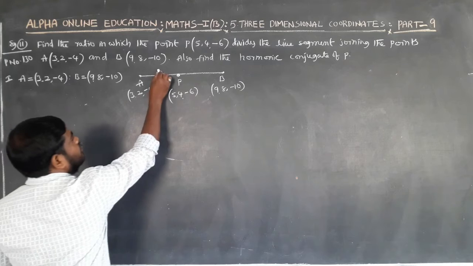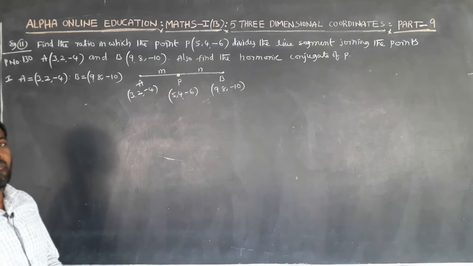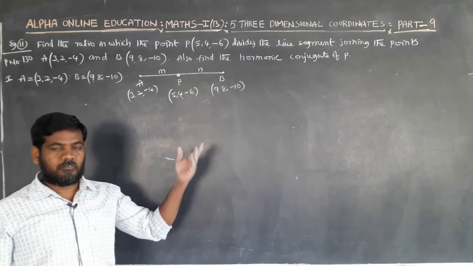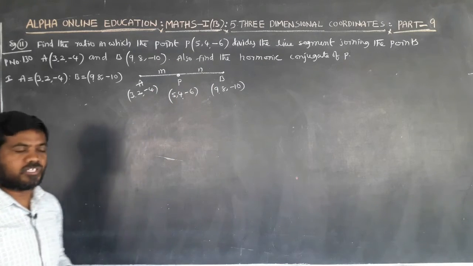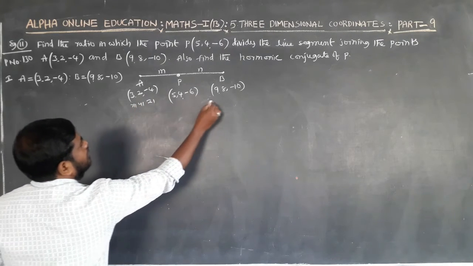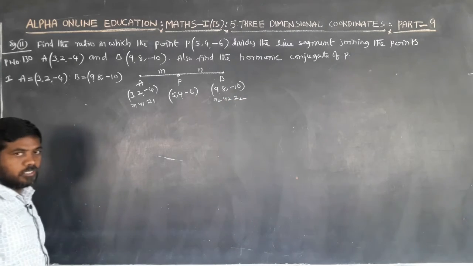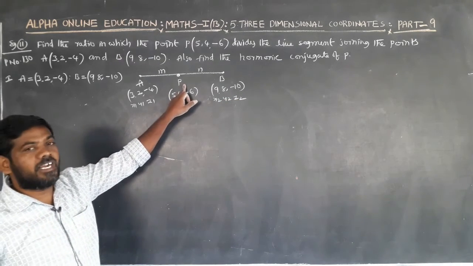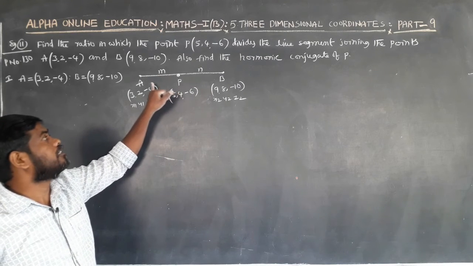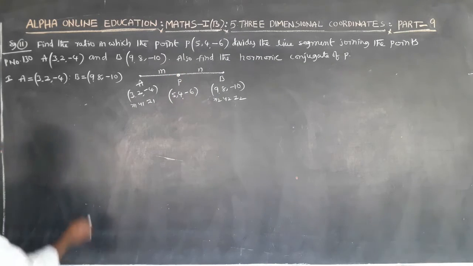Let P divide the line segment AB in the ratio m is to n. We need to find the ratio m is to n. Let A be (x1, y1, z1) and B be (x2, y2, z2).